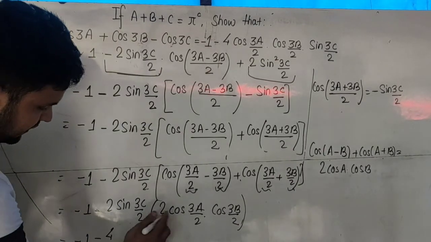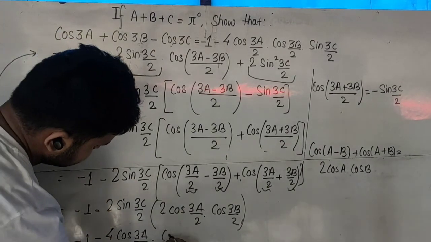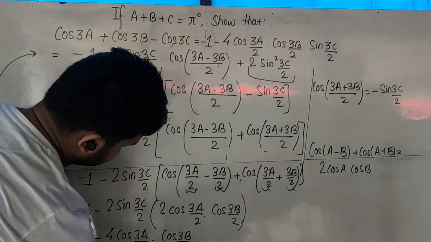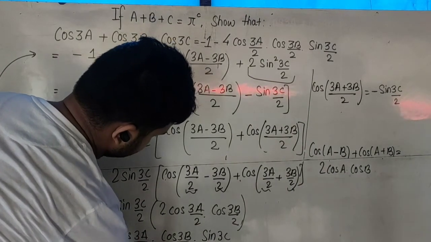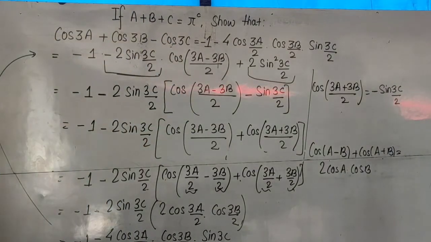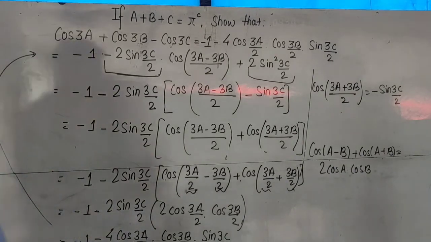You can multiply these terms here: 2 to the 4 cos 3A by 2 dot cos 3B by 2 dot sin 3C by 2. So you got this from the multiplication. So this is what our RHS is, given by the question. So by doing this you will get the answer proved here. Thank you.